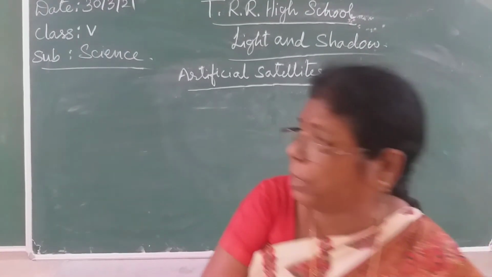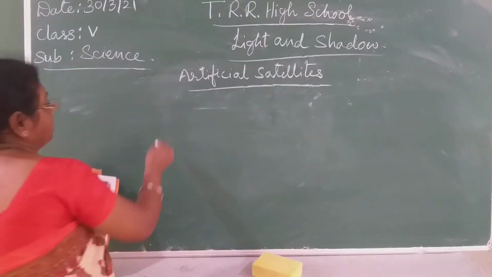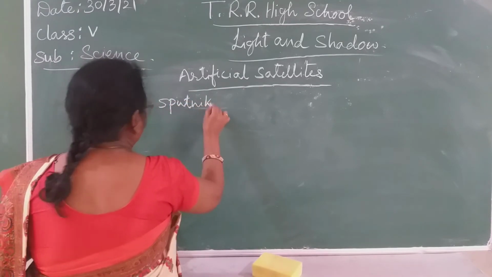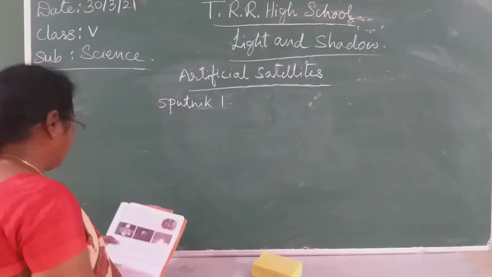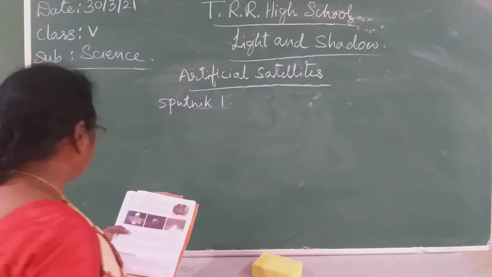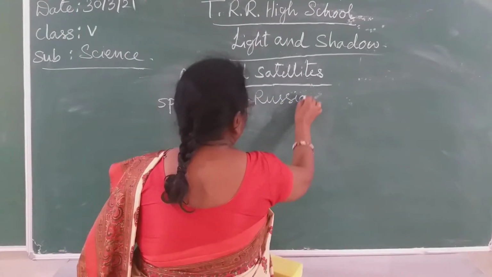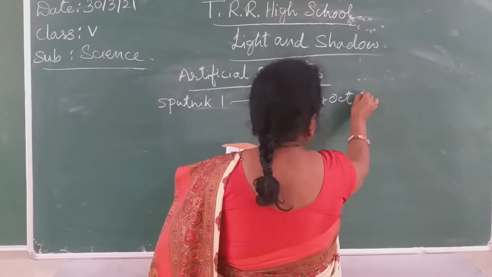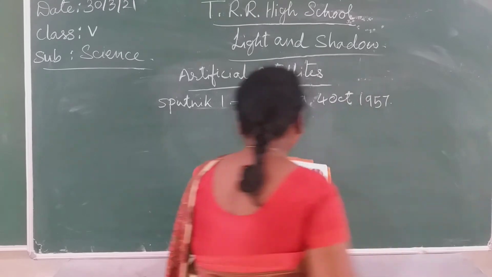Now here we will see Sputnik 1. Sputnik 1 was the first artificial satellite, launched by Russia on 4th October 1957.